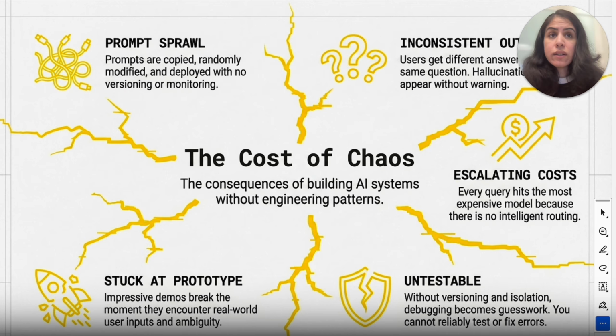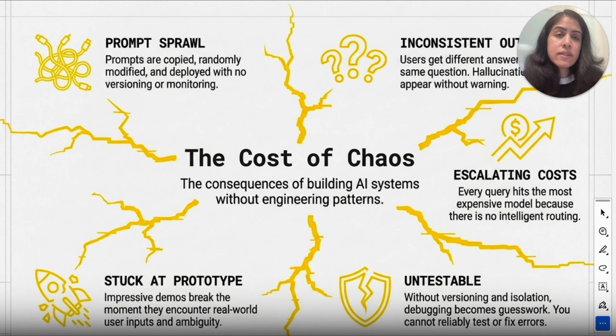We also know that there are escalating costs because every single request hits your most expensive model with no intelligent routing. It just becomes impossible to test because you can't version prompts, you can't isolate errors or monitor the quality. So you are stuck at prototypes because demos break the moment they face real user inputs. And what about developers? Well, developers waste weeks trying to debug the impossible.